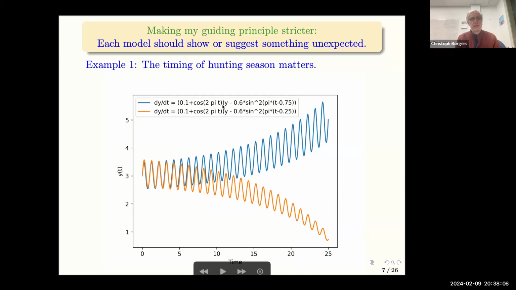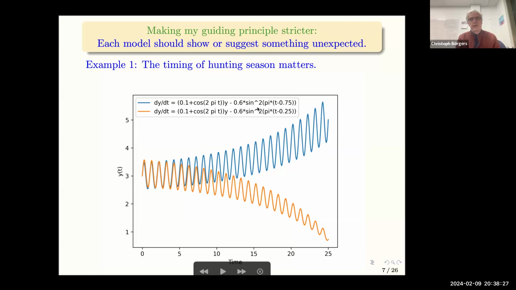I take a population that has a seasonally fluctuating growth rate, and then I hunt at a certain season during the year. And that's reflected by this sine square term, which is just pulses of removal of individuals from the population.